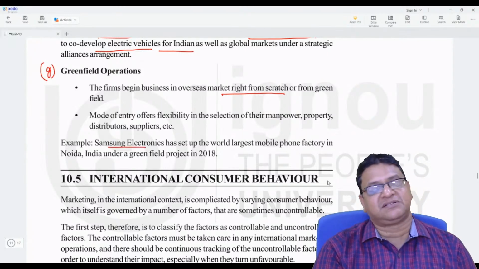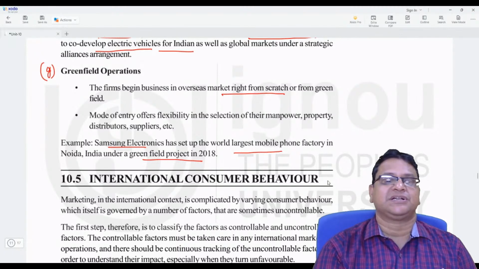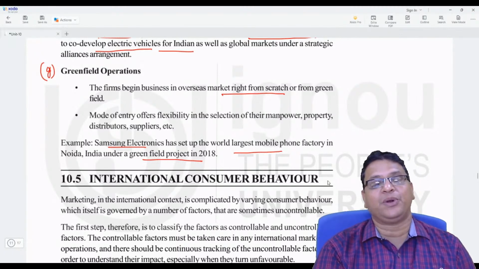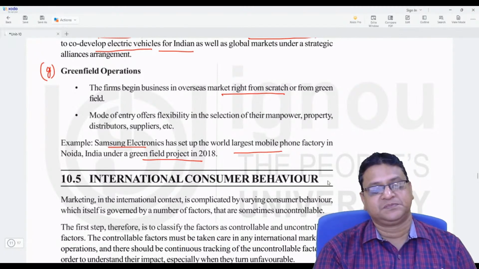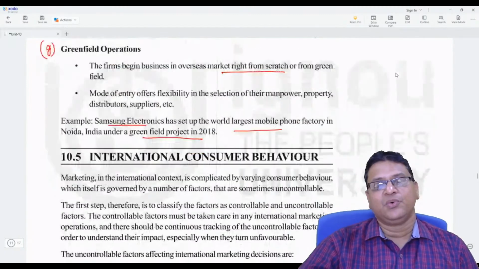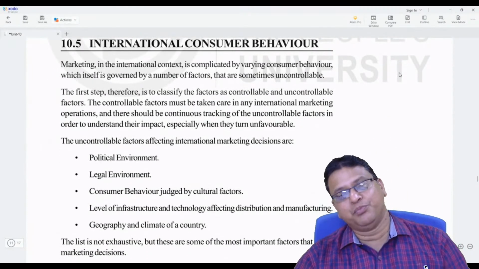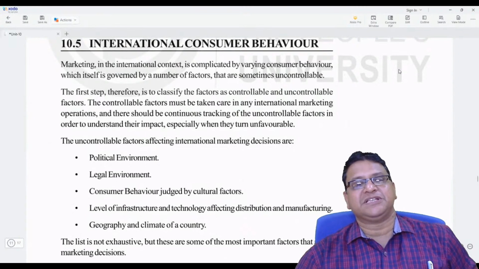Samsung Electronics has created world's largest mobile phone factory in India under greenfield project in 2018 at Noida. This is greenfield operations. So we are discussing different ways of doing international business, modes of doing international business.